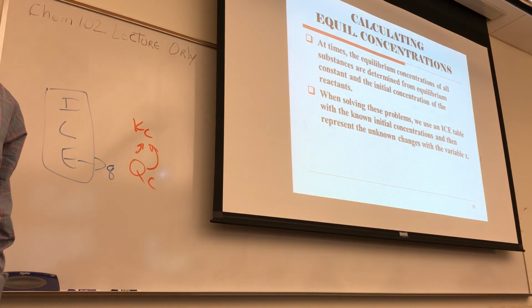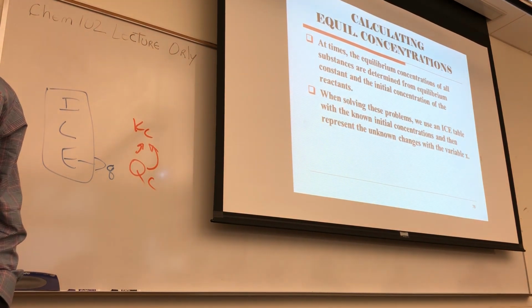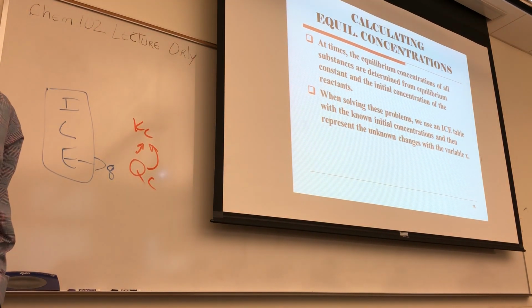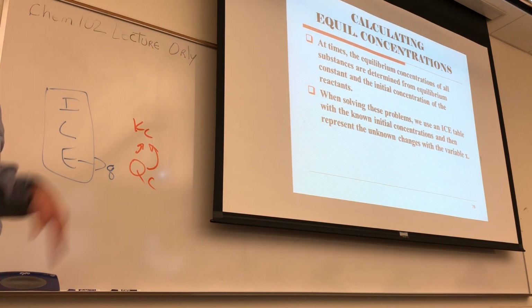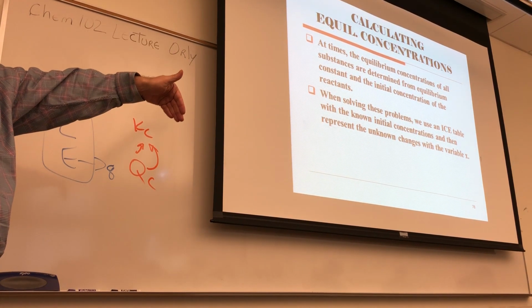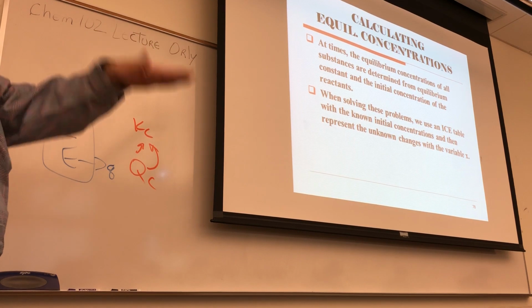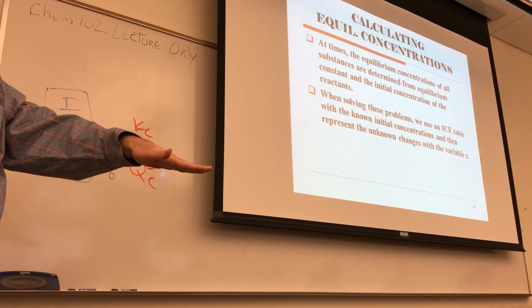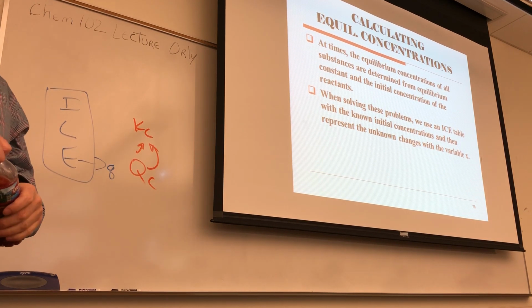Up to this point, when we've used ICE, we had an initial concentration and an equilibrium concentration, and we took the difference to figure out the change. That change was based on the balanced chemical equation, the molar ratio, as we went across for the change, and then we were able to solve for the other, whether I'm looking at equilibrium to initial or initial to equilibrium. Everybody okay with that? That was how we did the ICE.